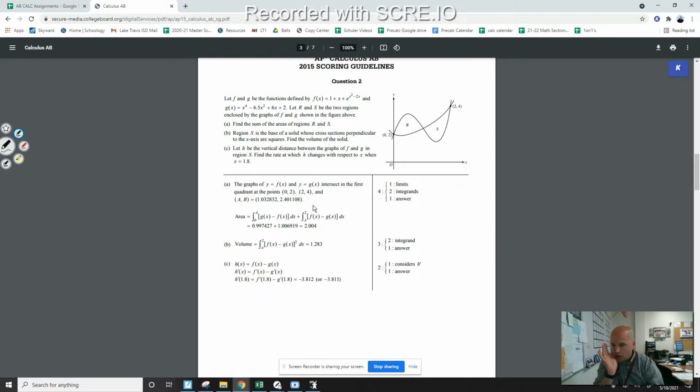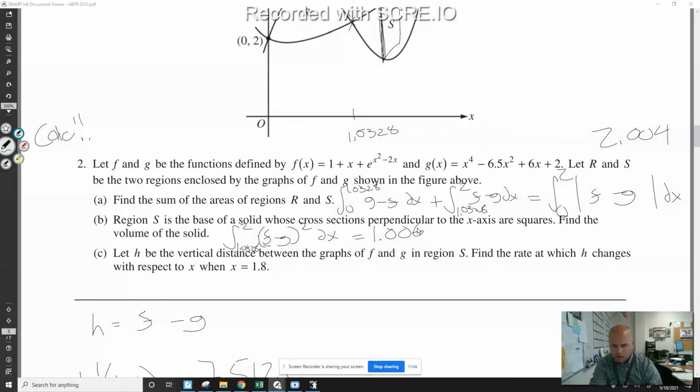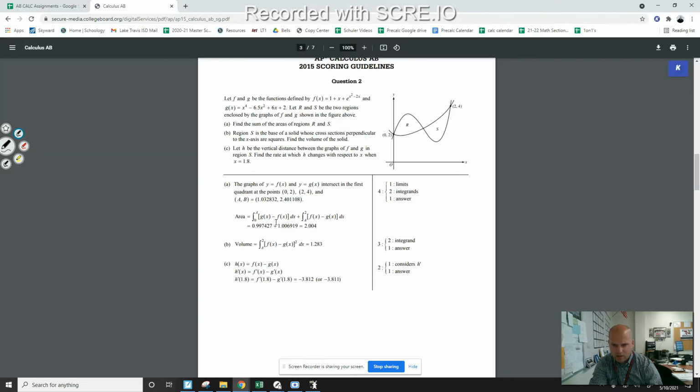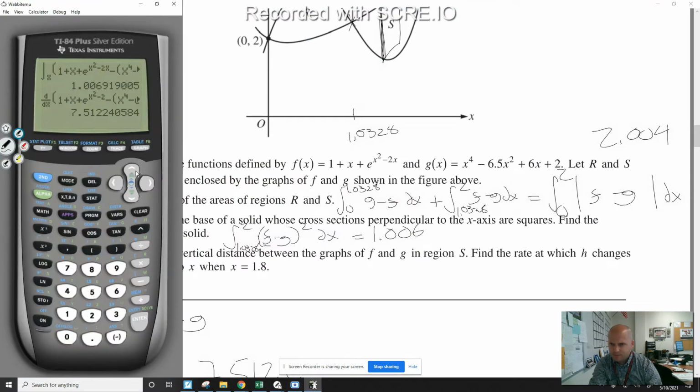It's a little soft. Absolute value gets you that value 2.004. I must have typed something in wrong. 1.0328 to 2 of f minus g squared. 1.283. I got 1.006. What happened?